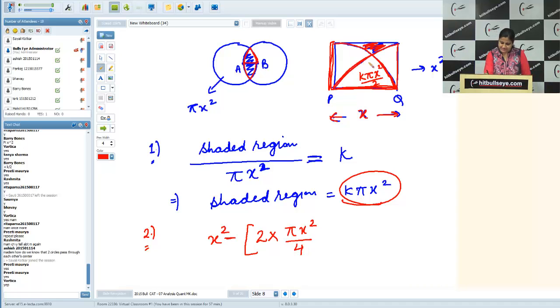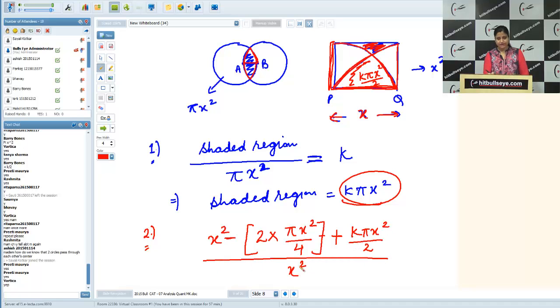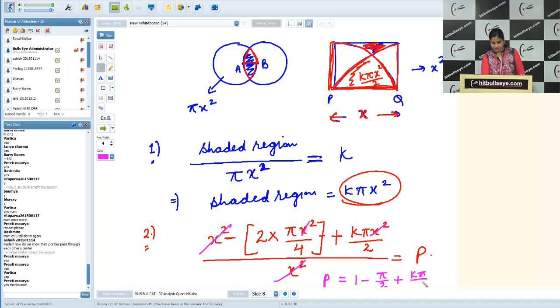But we have subtracted this area twice, so we will add that, plus k pi x square by 2, divided by x square, the square area. This is given as P. I think the idea is clear now, because x square will get cancelled. We're left with only constants and k. So P will be 1 minus pi by 2 plus k pi by 2.